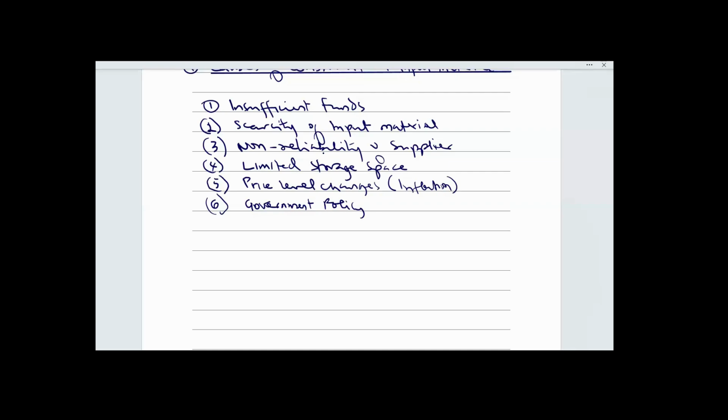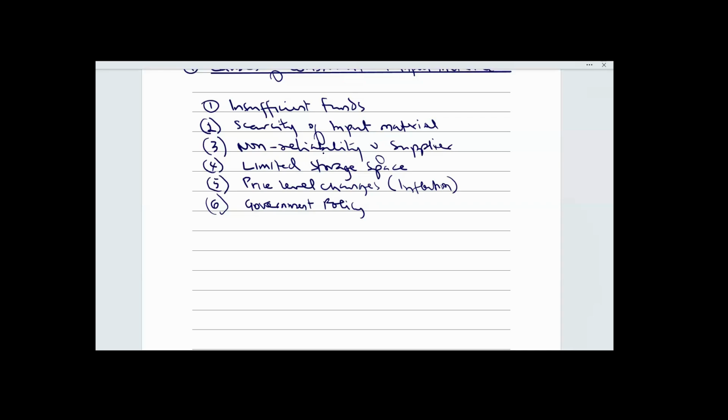Because if there is high cost of transportation, the more the quantity of the material, the more transportation cost you are going to incur. So in that case, of course, that will be a constraint because, because of transportation costs, you cannot buy as much as possible. So what do you do to resolve it? You make additional funds available. How do you get the additional funds? You can borrow. All right.